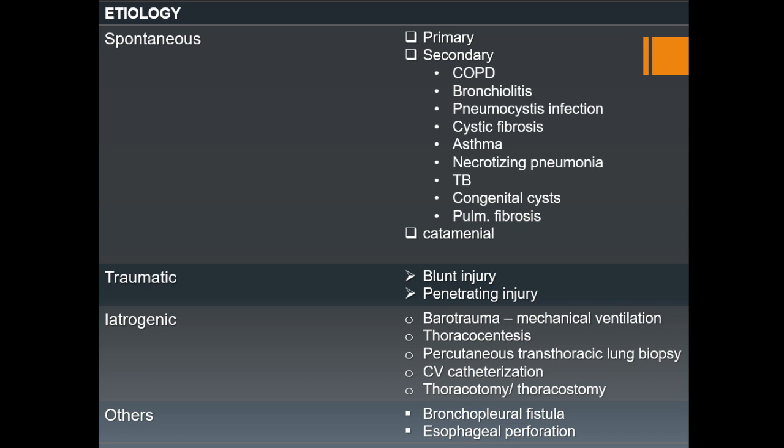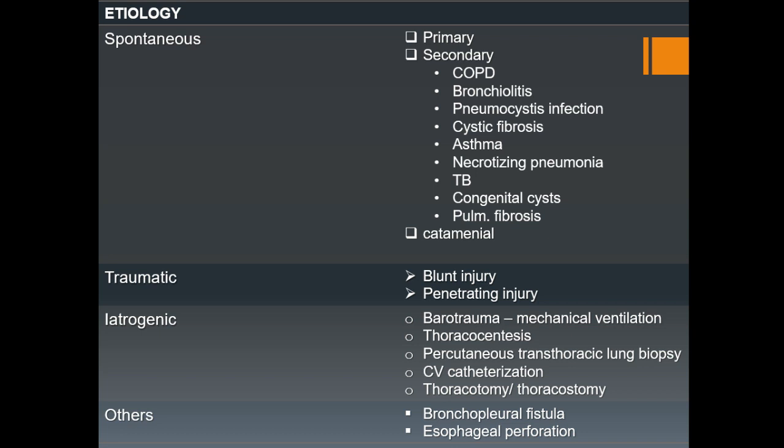Thoracocentesis: if I aspirate fluid from the pleural cavity, I may puncture the lung and lead to pneumothorax. Or percutaneous transthoracic lung biopsy, where I may accidentally rupture the visceral pleura and parenchyma, leading to pneumothorax.